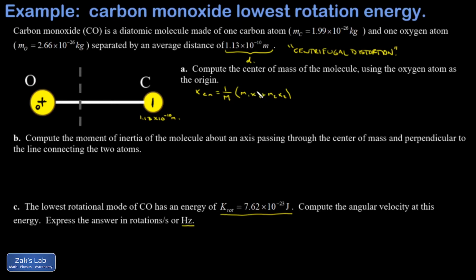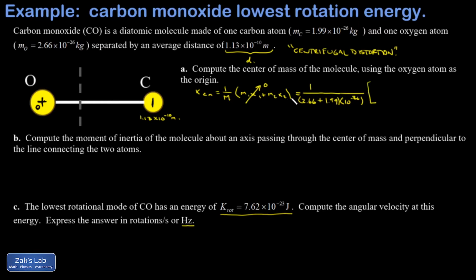So a convenient thing about putting the origin there is that it makes one of these terms vanish. So the x-coordinate of the oxygen was 0. I don't have to worry about that term. Now the big M here is the sum of both masses. So let's start plugging stuff in. The mass of the oxygen atom is 2.66 times 10 to the negative 26. For the carbon atom, 1.99 times 10 to the negative 26. And I'm going to factor out the 10 to the negative 26 so I don't have to write it twice.